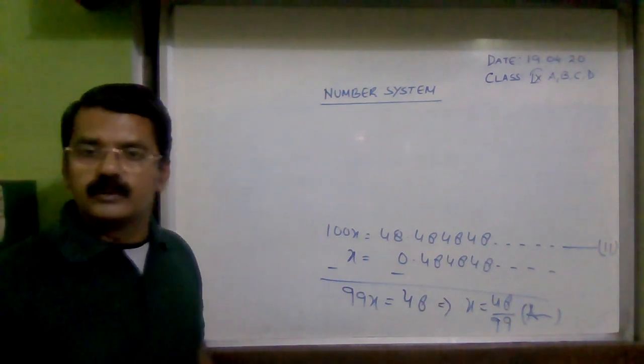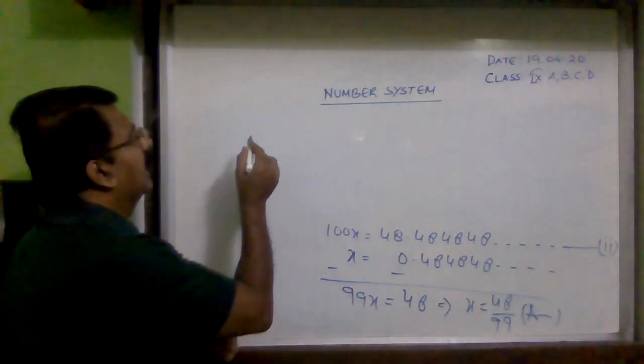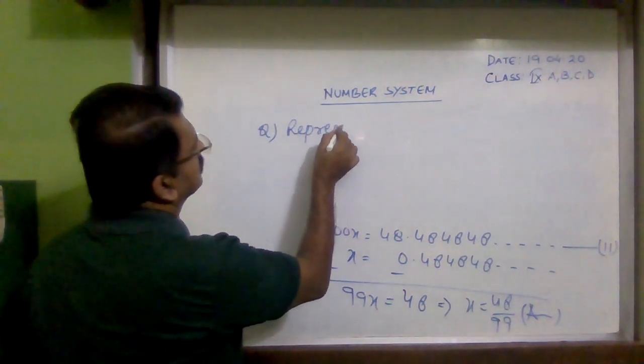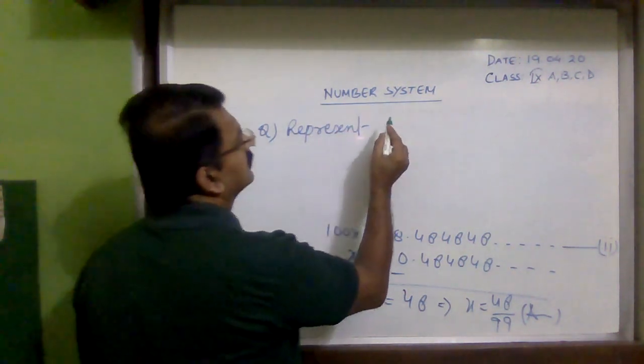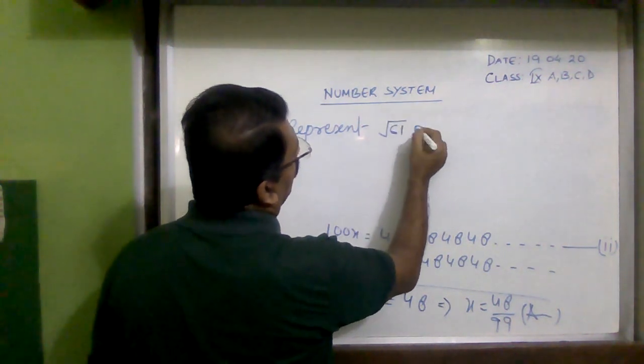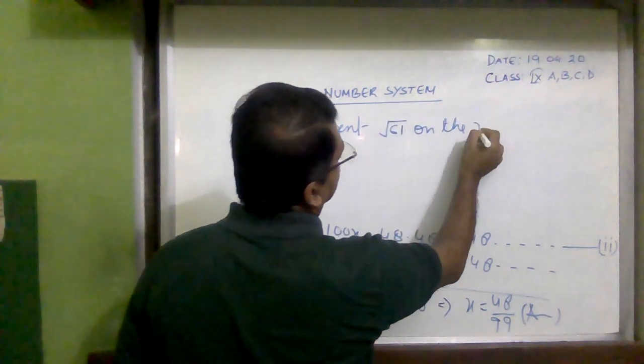Now we will do one more example, and the question is: represent root 61 on the number line.